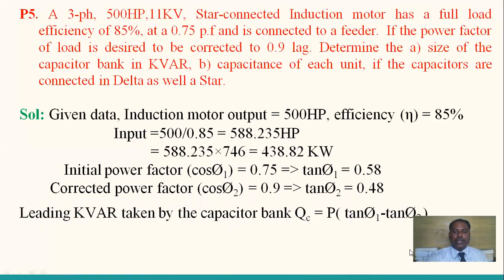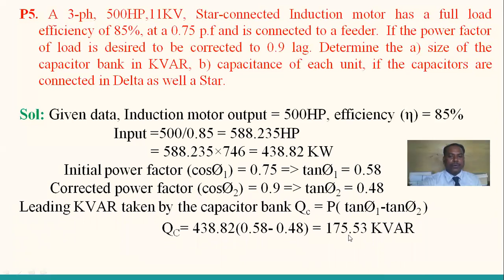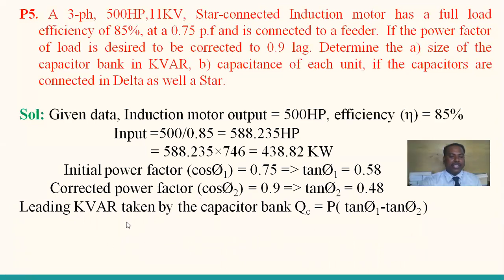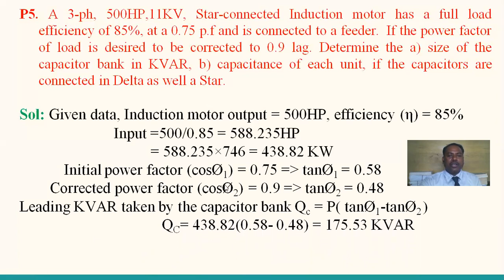Therefore, the leading kVAr taken by the capacitor bank, QC, is equal to P times tan phi 1 minus tan phi 2. What is P? 438.82 into 0.58 minus 0.48, which is equal to 175.53 kVAr.